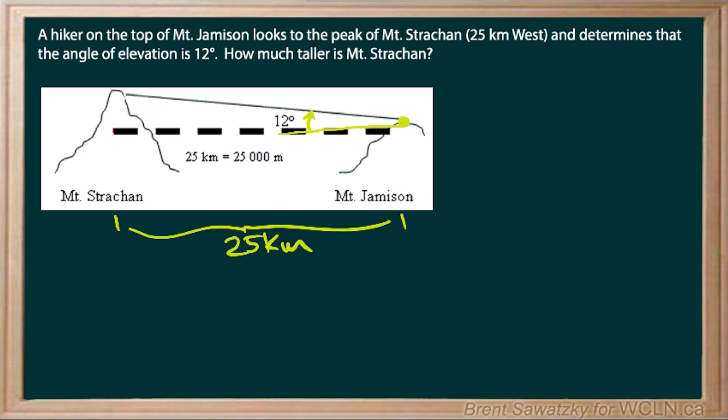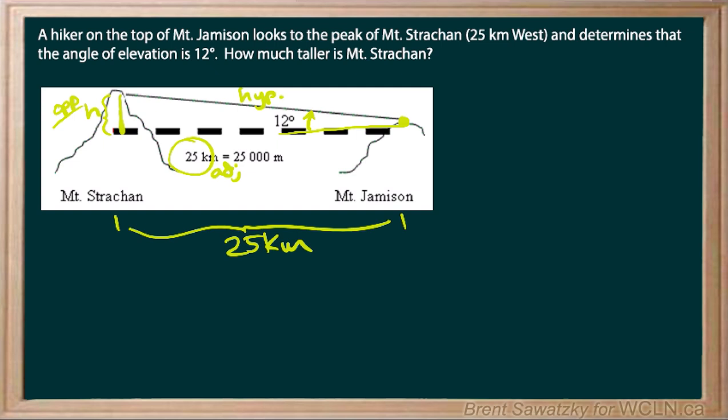So let's try and figure this out. So we have from our angle of reference, and I guess we can write we're looking for this height, this side here. We know that this side is the 25 kilometers, so this would be the opposite, this would be the adjacent, and this would be the hypotenuse, his line of sight.